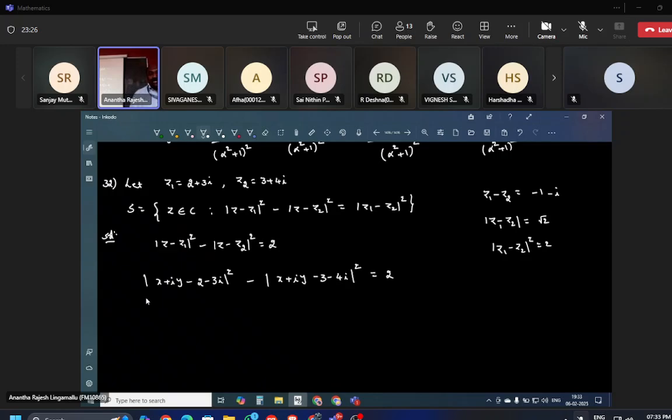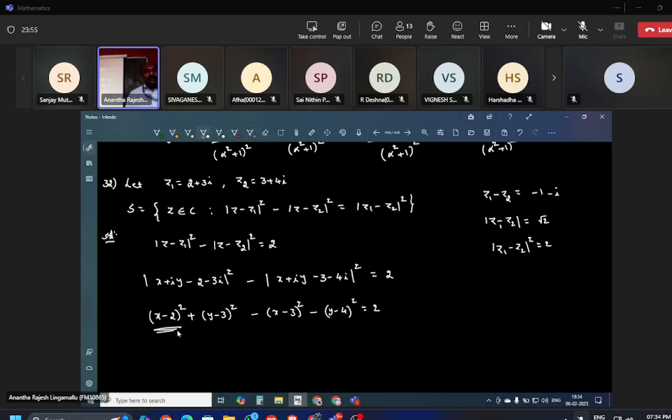Can anyone say what is the mod square of this complex number? x minus 2, excellent. Whole square, plus, modulus is always plus, so minus x minus 3 whole square, plus y minus 4 whole square is equal to 2.